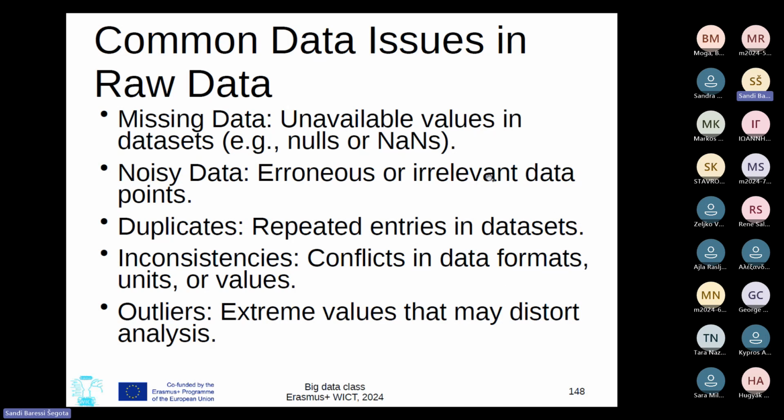And outliers are values that are extremely outside of the expected values. If you're measuring the height of people and you get 160 centimeters, 175, 180, 192, and suddenly you get a measurement of 5,000 centimeters, that's probably an error of some sort.